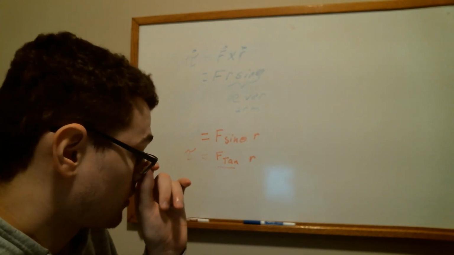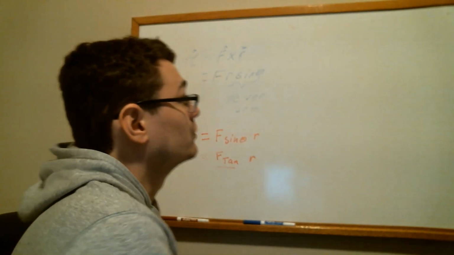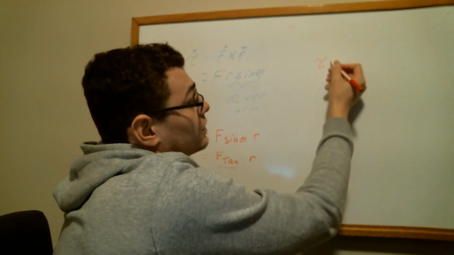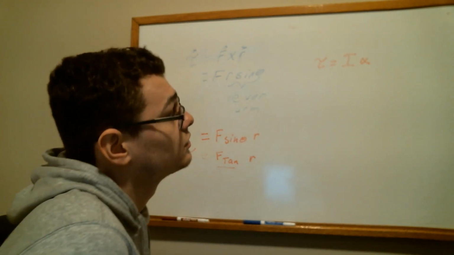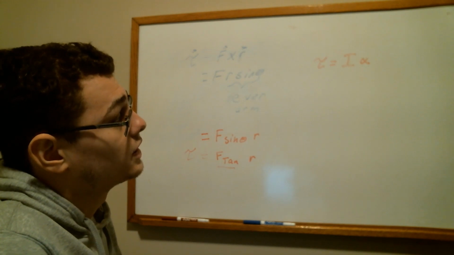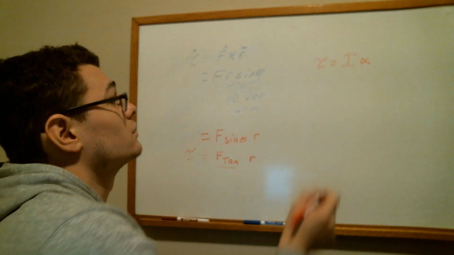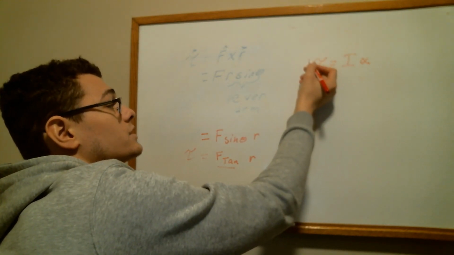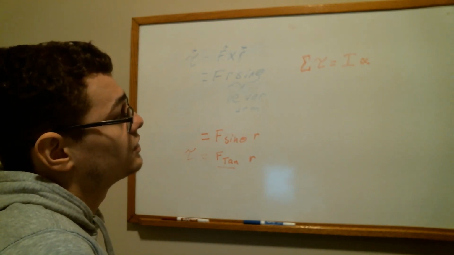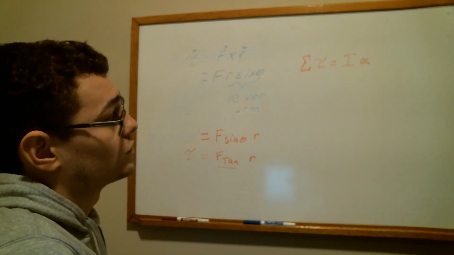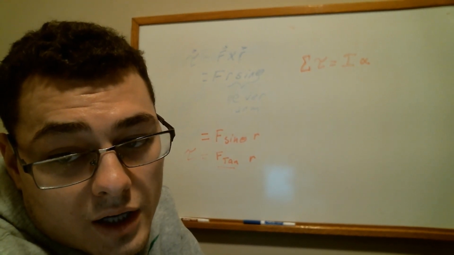But if you have a rigid body and not a lever or something you're trying to turn, you have to use that your torque is going to be equal to I times alpha. And in this case, you can have more than one type of torque. So we can say that the sum of torques is going to equal I times alpha.